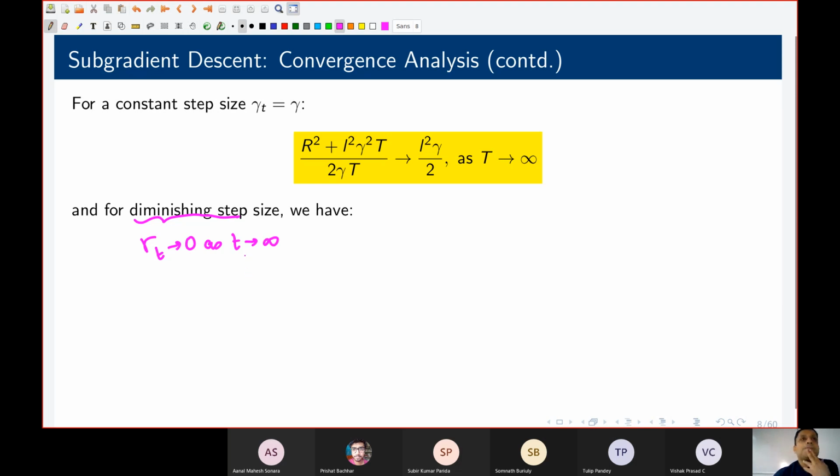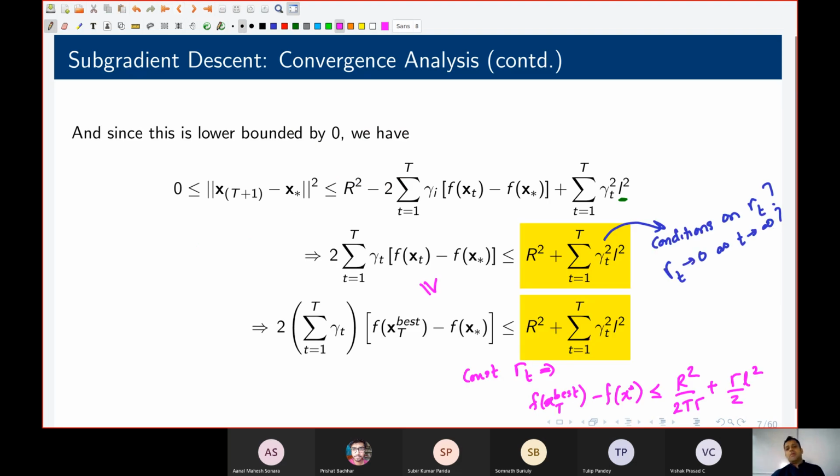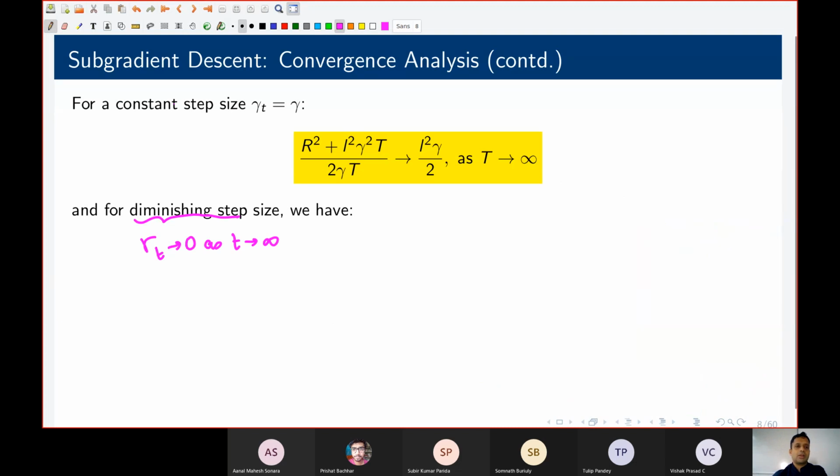But what more? So the sum of squares, what would you like to happen? L square can obviously be taken outside. You would like the sum of the squares to be finite.